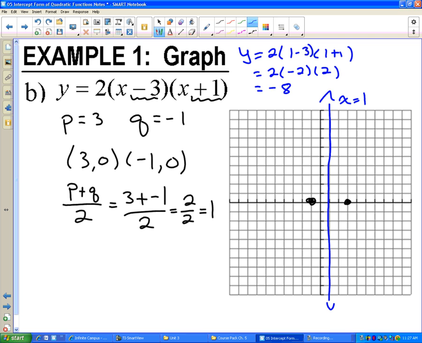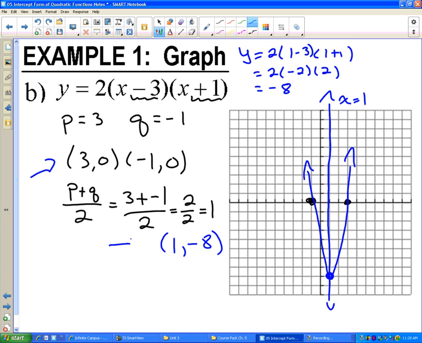So I have the coordinate of 1, negative 8. 1, 2, 3, 4, 5, 6, 7, 8. There's 1, negative 8. And my parabola is going to look like that. I've got my 2 intercepts.